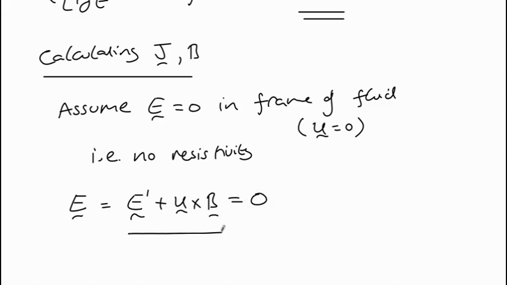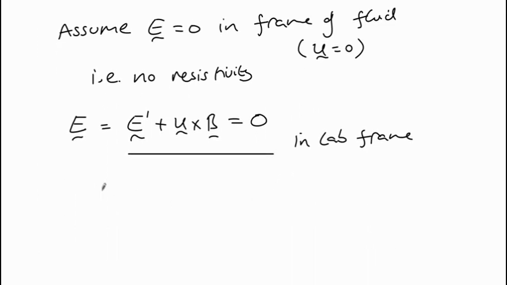So in the lab frame you have E plus U cross B is equal to 0, where we're measuring the flow of the fluid, and this is the ideal MHD Ohm's law.